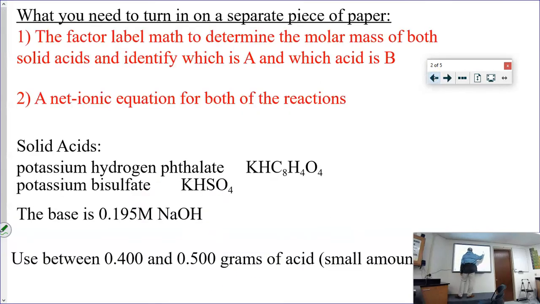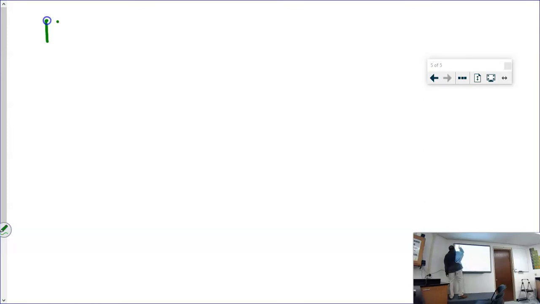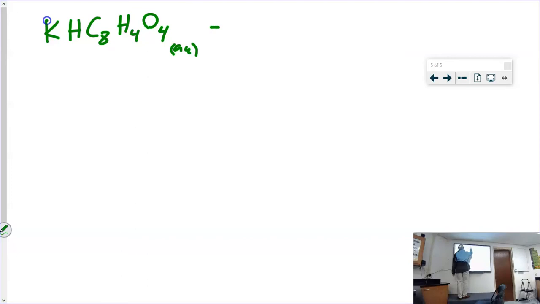I have potassium hydrogen phthalate, KHC8H4O4. That's aqueous because we dissolved that in water. That was the solid stuff. I added it to the flask, but then I dissolved it in distilled water, so I made it aqueous. The other reactant is sodium hydroxide, also aqueous.